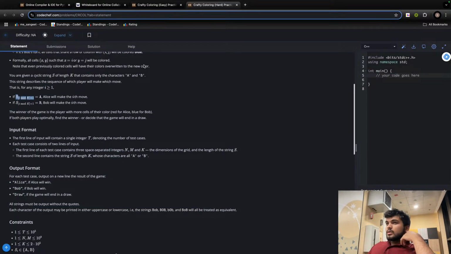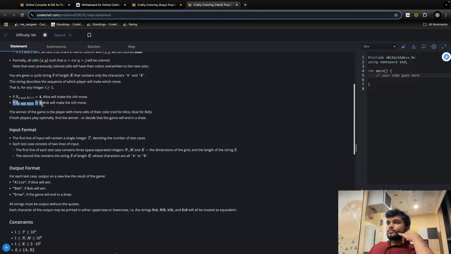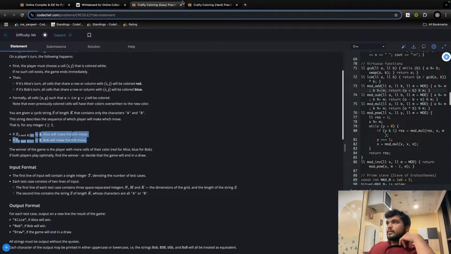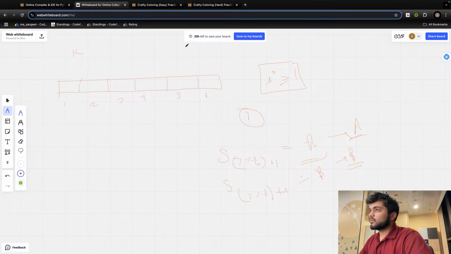S of i mod k plus 1, which means S of 7 mod k, which is 6, plus 1 will be equal to 8, which means Bob will make the next move if it is equal to B. If this is equal to A, then Alice will make the ith move, and if this is equal to B, then Bob will make the ith move, which means that this will be happening in cyclic order, right? Which is very clear.